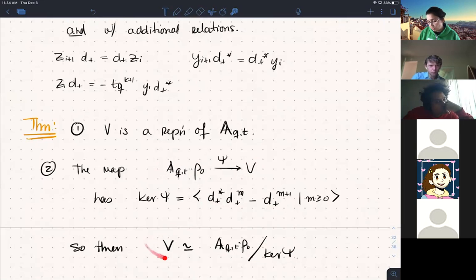We'll see that this isomorphism is key in justifying why the involution exists that we want, this involution that's going to give us nabla.